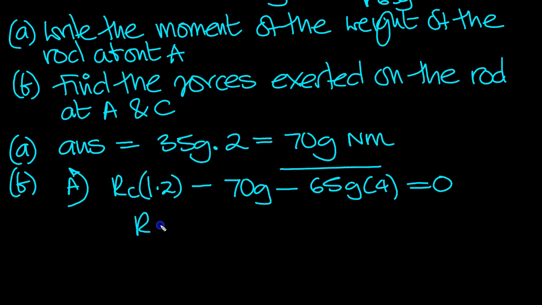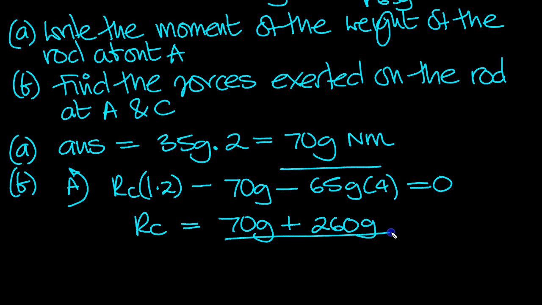So RC is equal to, move these two things over, 70G plus 260G, which is 330 G over 1.2.